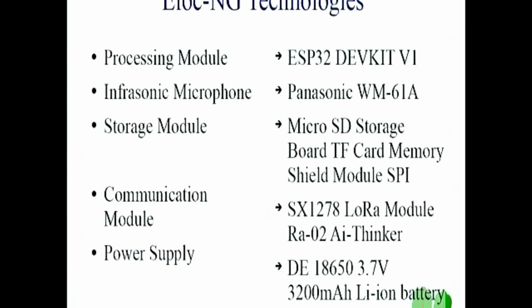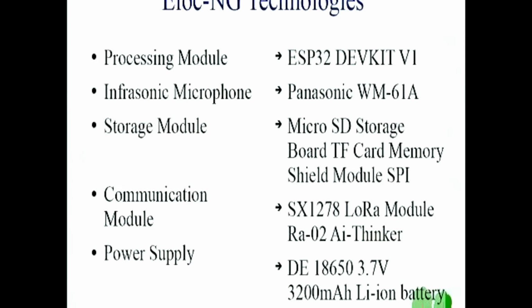We use some new technologies for designing the ILOC-NG nodes. In the processing module, we chose the ESP32 module because it has nice processing power. Other than the other modules, you may have heard of Arduino or Raspberry Pi, but the Raspberry Pi's power consumption is high.